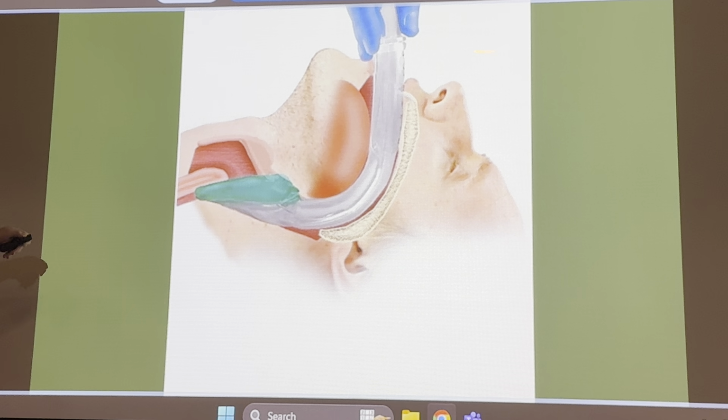So as we insert it orally, we're going down and around, and we are putting it right there at the base of the esophagus. And we inflate that cuff around it. It creates this nice seal for us. So our main goal is to direct that air down into the trachea, down into the lungs. With that seal, less chance of it going down into the stomach.